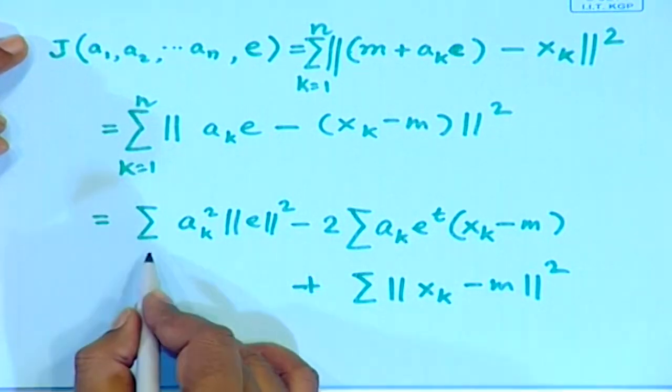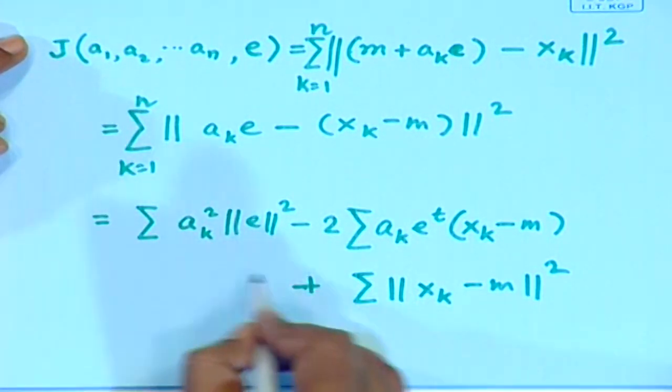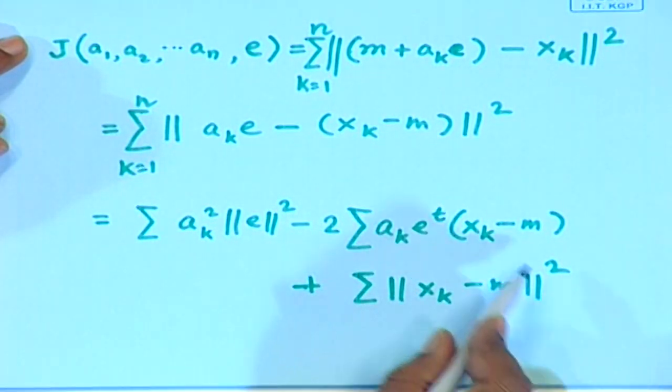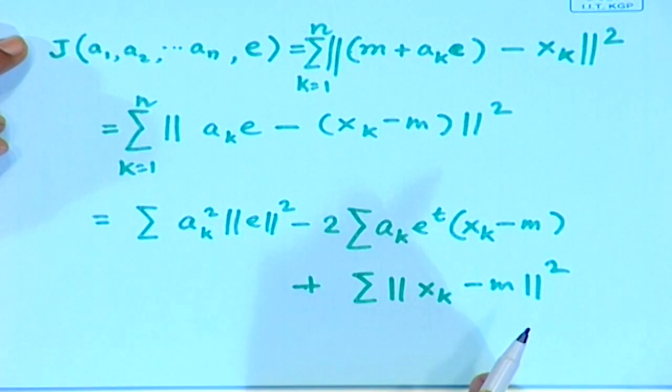I am not writing the limits of summation; the limit is k varying from 1 to n. So this is my sum of squared error.